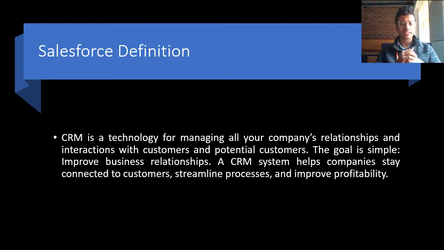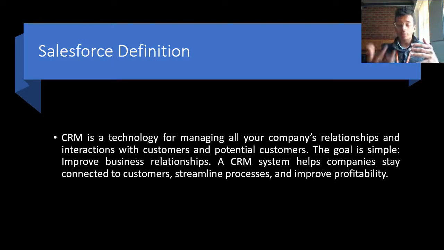Of course, it helps stay connected to customers because you can send emails and messages often and be in touch with customers, and it helps streamline processes so that everything is made easy so that the employees can focus on more important tasks. And it also improves profitability because you can communicate with more customers in a shorter amount of time with an automated software solution. So this is what Salesforce defines it as.